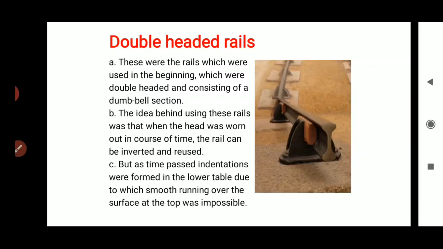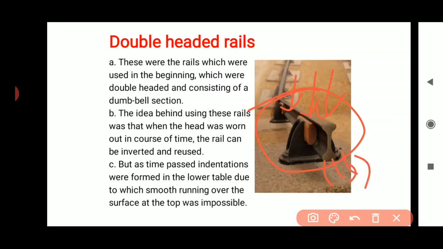That means, in actual practice, due to the heavy moving load, due to the stress in the rail, some marks are formed in the foot of the rail.